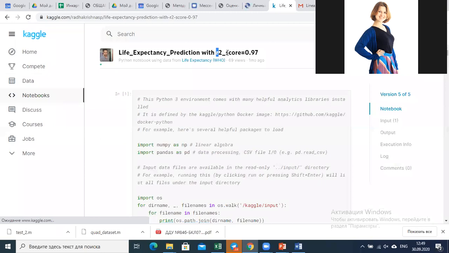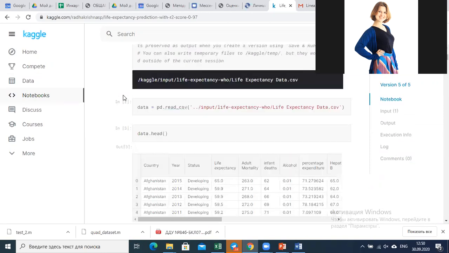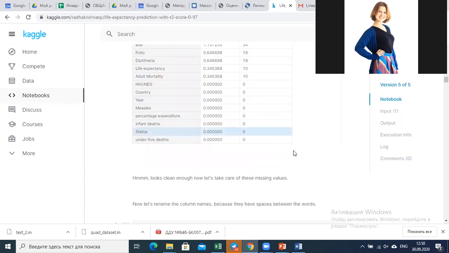We see that in the title the R-square score is 0.97. So this man constructed some model which predicts the outcome, life expectancy, with a good R-square score.